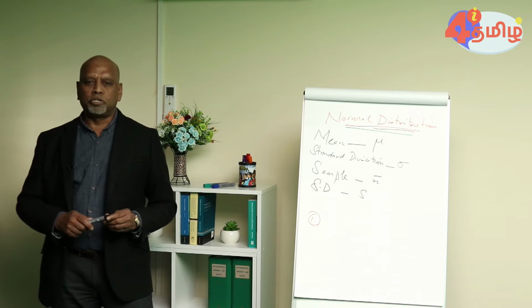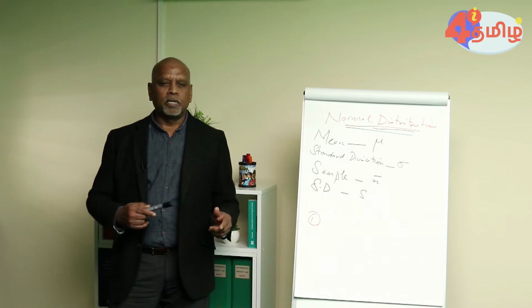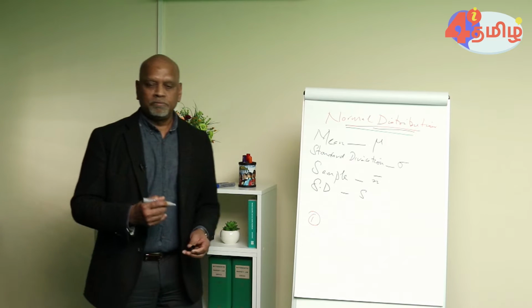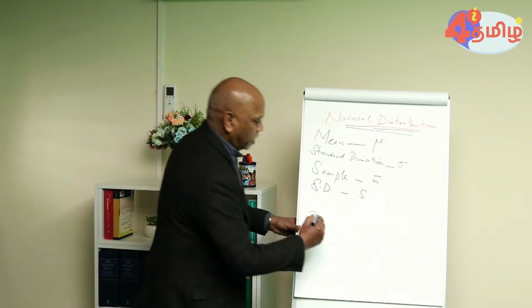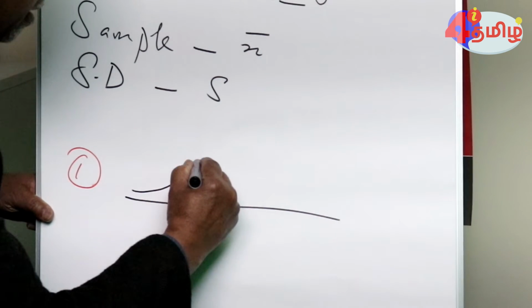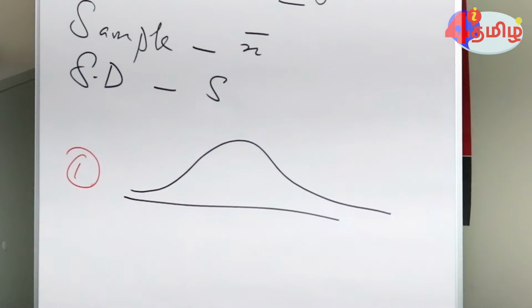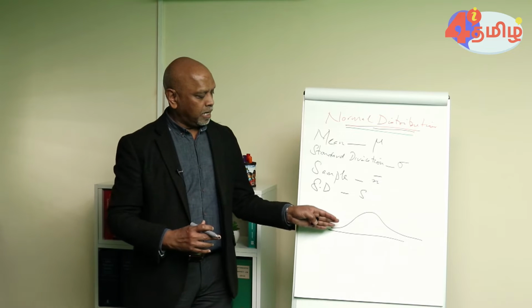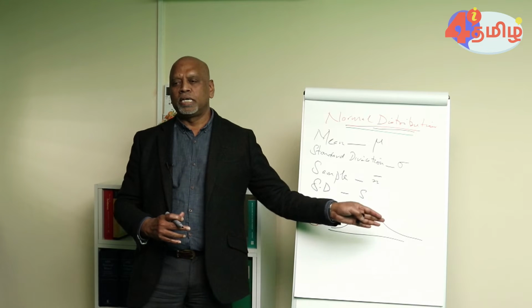Prior to coming to normal distribution, when you collect the data, you create a distribution or curve. It may not be as perfect as what we want. So this type of curve is not quite as perfect as a normal distribution, but that's a curve. This is positively skewed data.